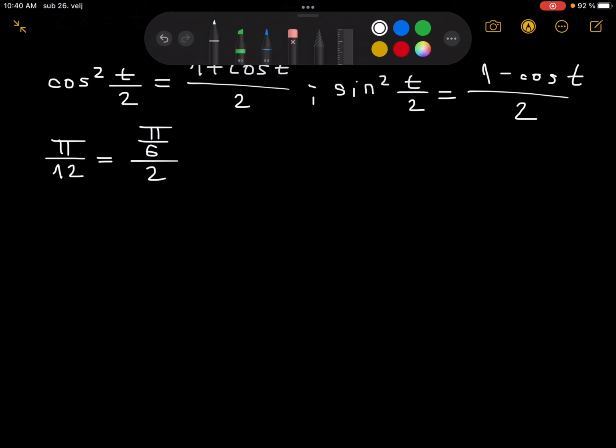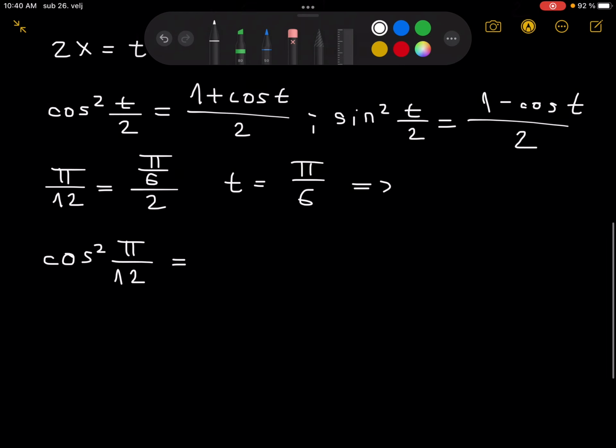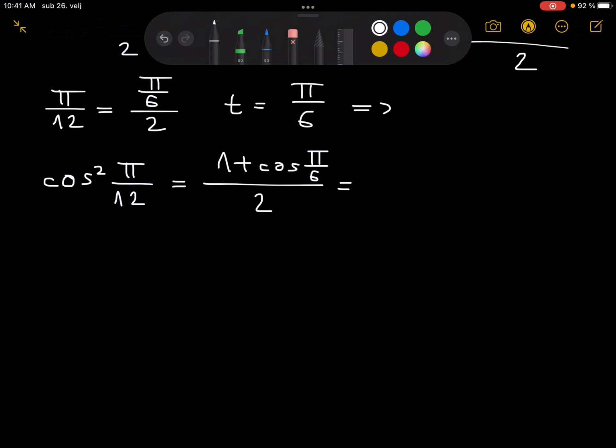By setting the t value to pi over 6, we get that the cosine squared of pi over 6 over 2, or the cosine squared of pi over 12, is equal to 1 plus cosine of pi over 6 and everything over 2, which is the same as 1 plus the square root of 3 over 2 and everything over 2.